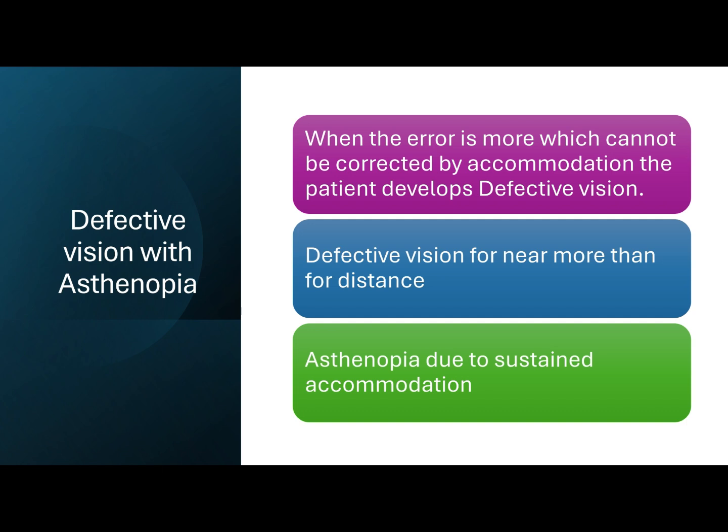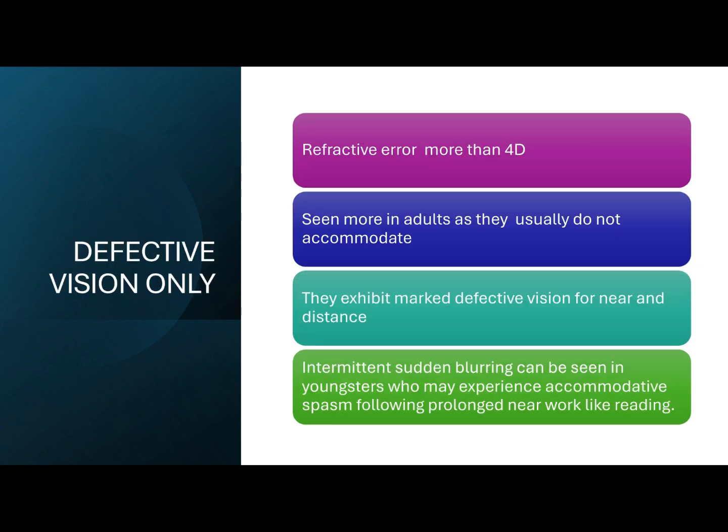When the error is more than the patient is able to correct with their accommodation, this is when the patient develops defective vision. Here the defective vision will be more for near than for distance, and asthenopic symptoms will also be there because of the sustained effort of accommodation.